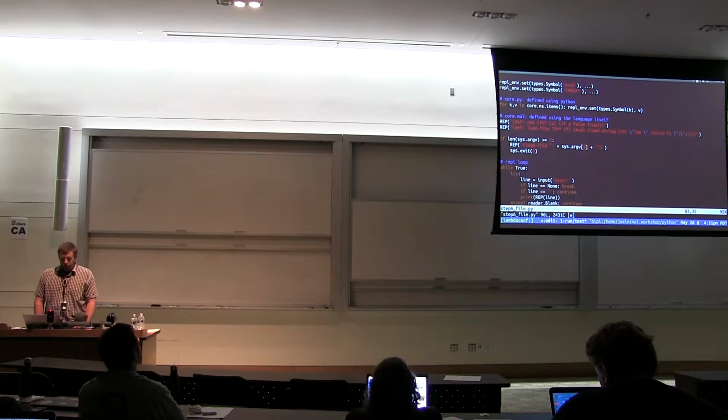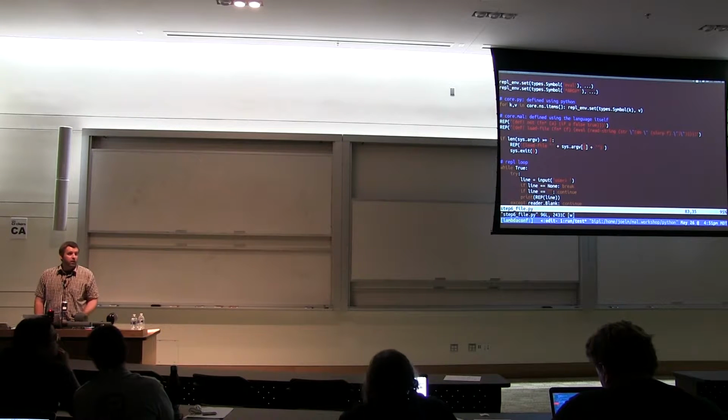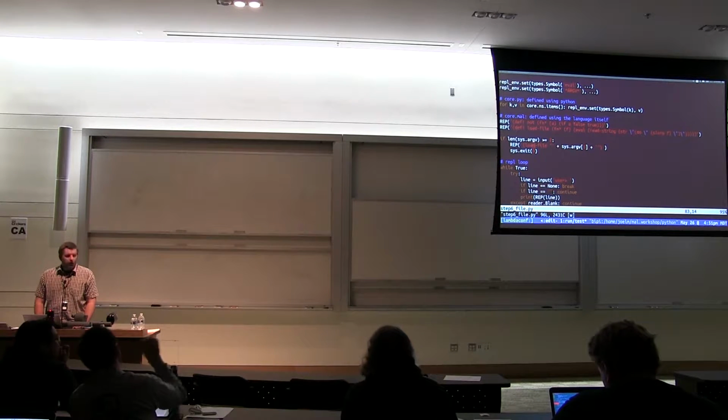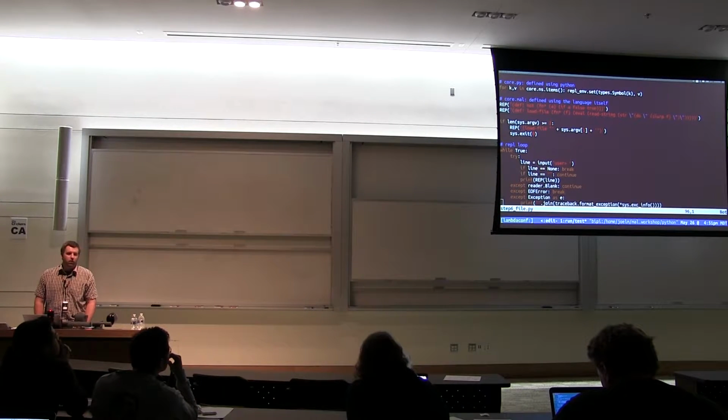And so we're going to call the load file that we just created on that argument and evaluate it, basically. And then we'll exit. If we don't have any arguments, then we'll just run our normal read, eval, print interactive loop.